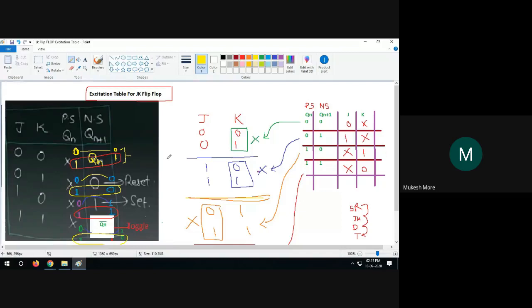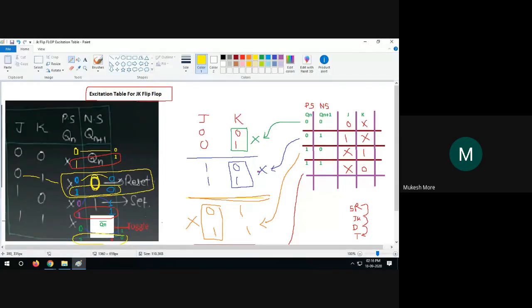Now for the next output or next state when J equal to 0, K equal to 1. Now the output we are getting is 0 here. That is, the next state output is 0. So the present state may be 0 or 1, but we are always getting output 0.